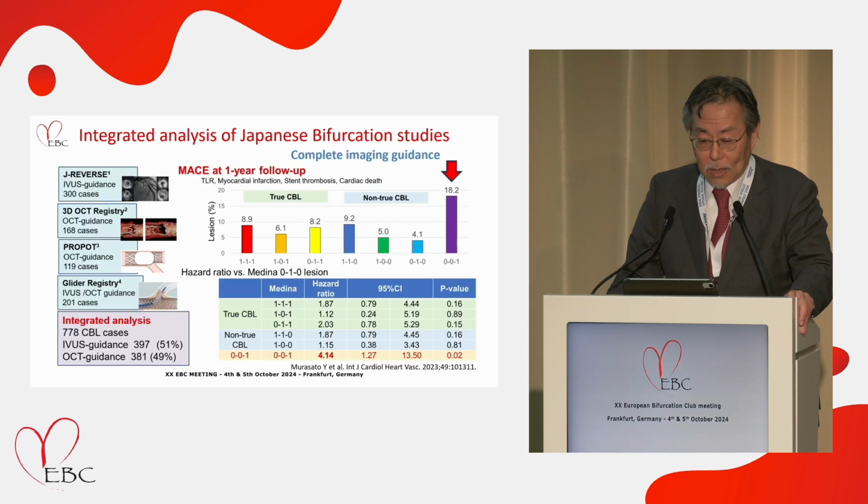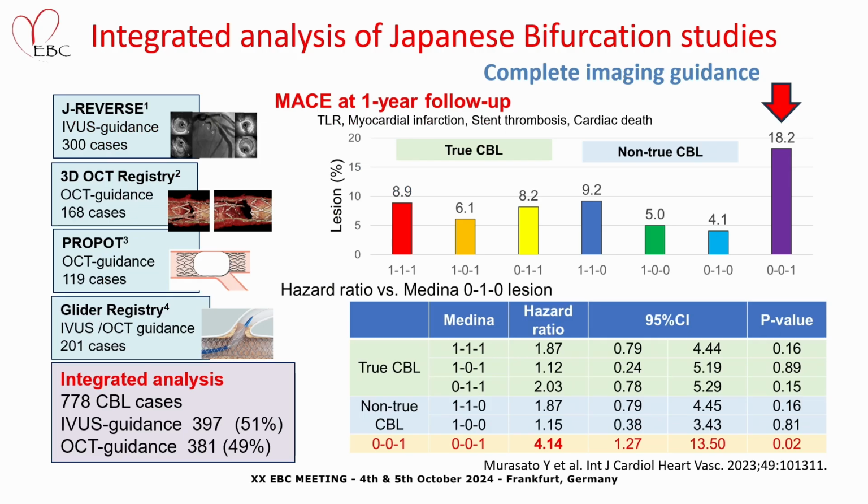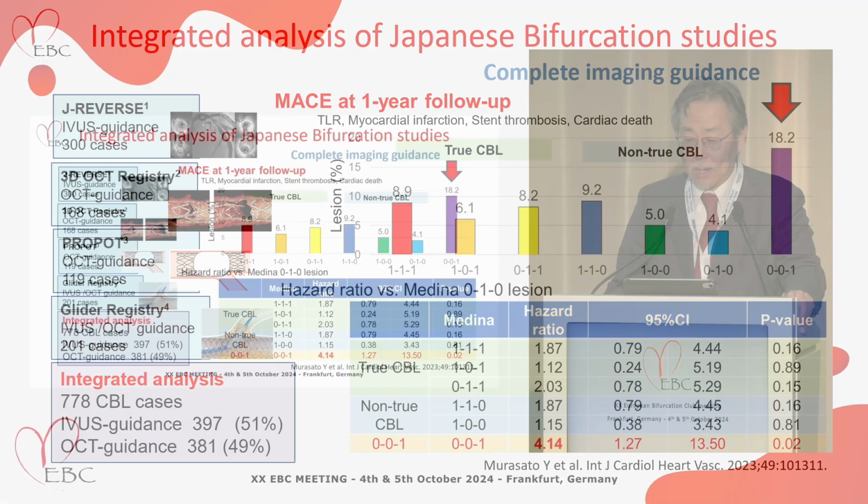So we conducted an integrated analysis of the Japanese bifurcation studies, which used complete imaging guidance. We enrolled 4 studies: J-REVERSE with IVUS guidance, 3D OCT registry with OCT guidance, PROPER trial with OCT guidance, and GLIDER registry with IVUS or OCT guidance. A total of 778 coronary bifurcation cases were included, and the IVUS and OCT frequencies were almost half and half.